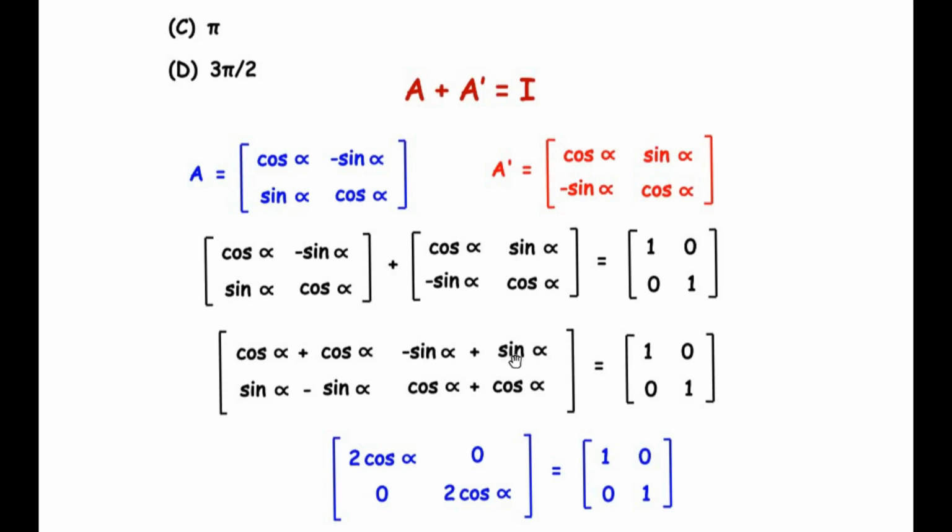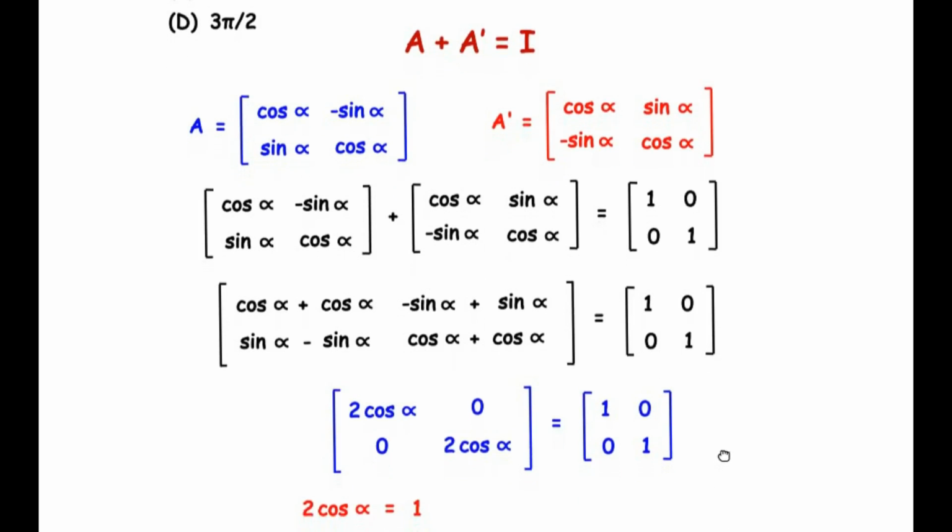Now minus sin alpha plus sin alpha will add to give us 0. The third element will also add up to give us 0. And the fourth element is cos alpha plus cos alpha, giving us 2 cos alpha, is equal to 1 0 0 1. Now using the law of equality of matrices, we can equate the first element with the first element of the identity matrix because both are of the same order.